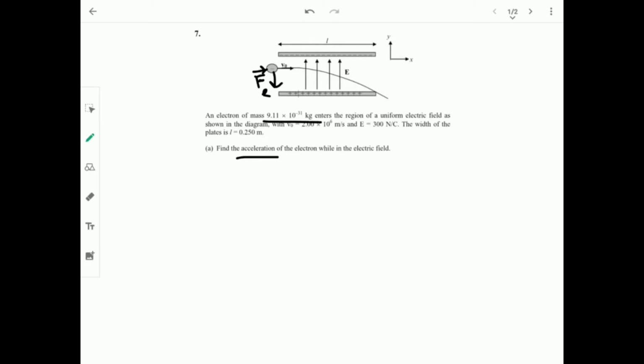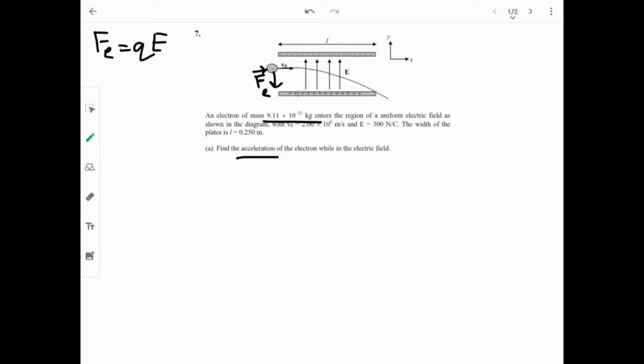Now, if anyone remembers, the formula for electric force is equal to Q times E, right? Now since we have the electric field pointing upwards, and since the charge of the electron is obviously negative, the force has to be downwards. The direction has to be affected.